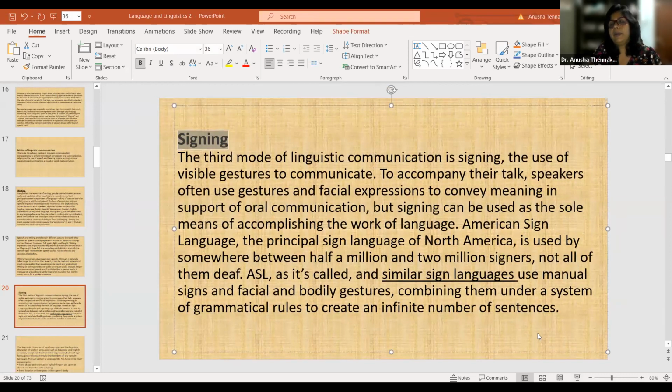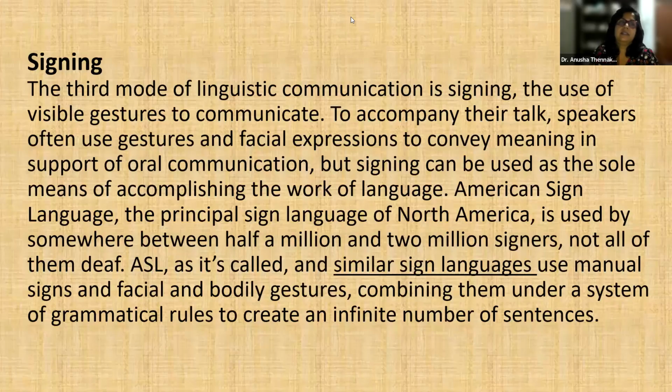Now we spoke about writing, one mode. The second mode is signing. Okay, read that.